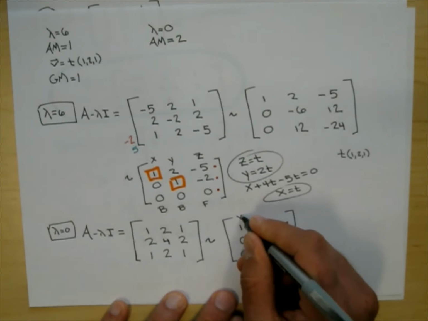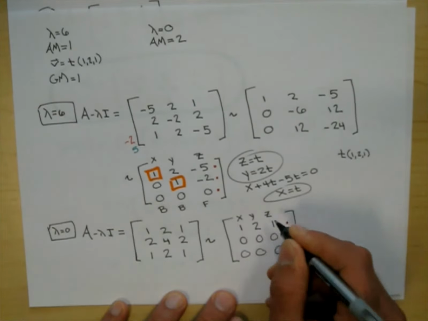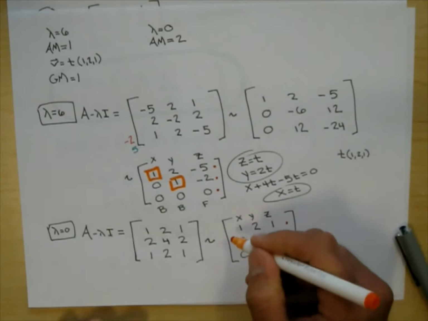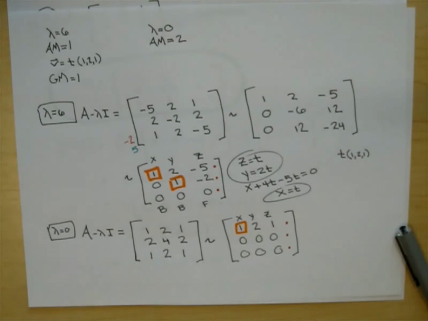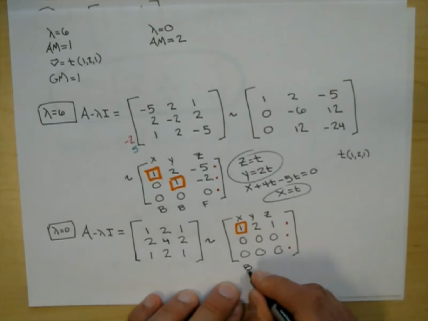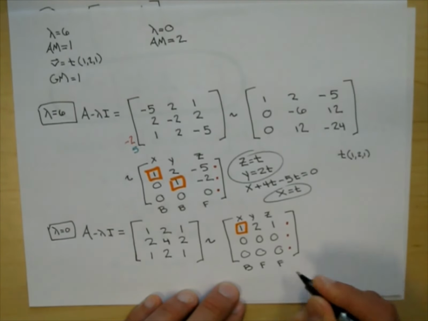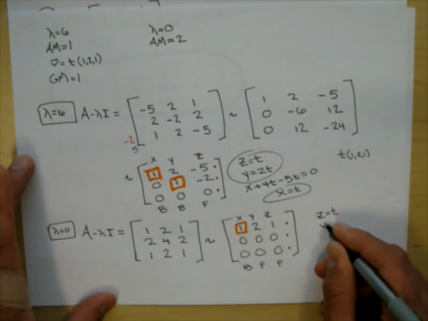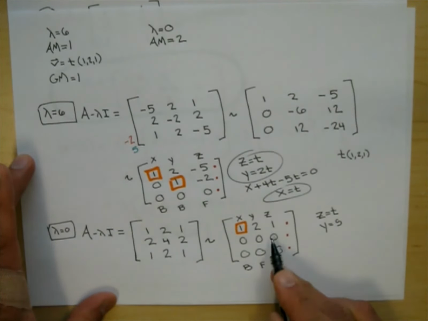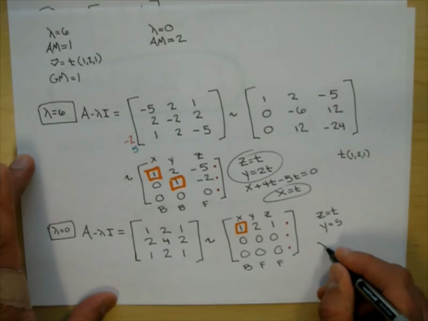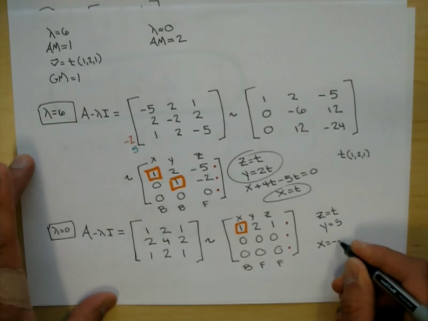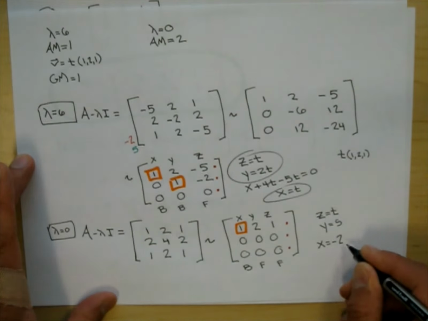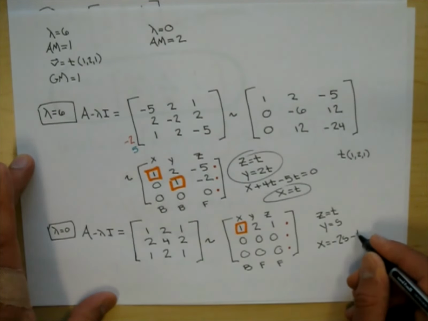I'll call my letters x, y, and z. I have only one pivot, so the others are free. Z is t, y is s, and from the first equation I get x equals negative 2s minus t.